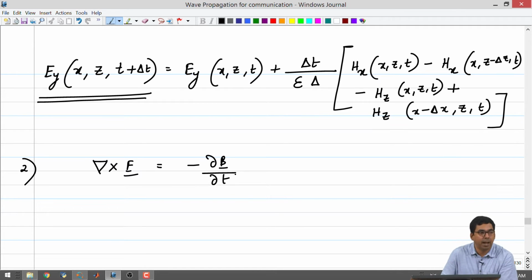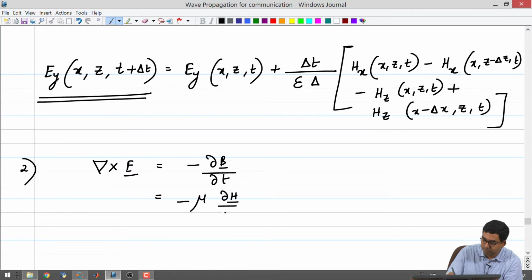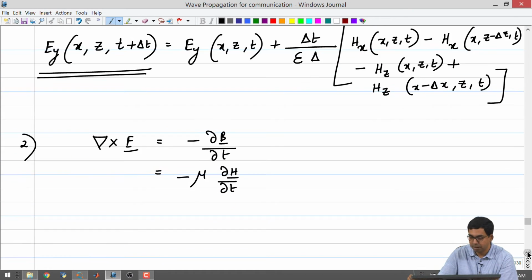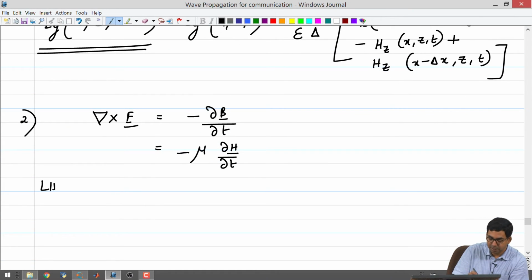So, here we are having ideal dielectrics. So, we are not considering the J, or the displacement current in the case of the first curl equation, and here we are just saying del cross E is minus ∂B/∂t. Okay. So, you could also write this down as minus mu ∂H/∂t. Once again, we have to expand the left hand side.